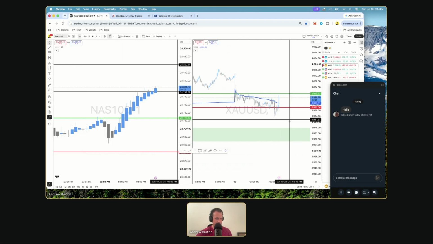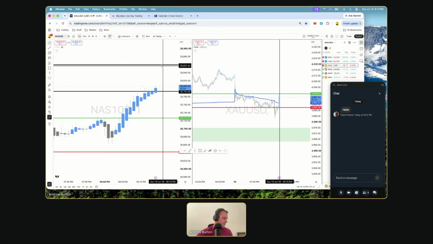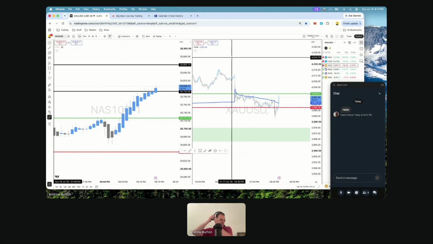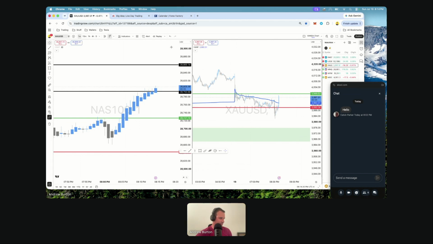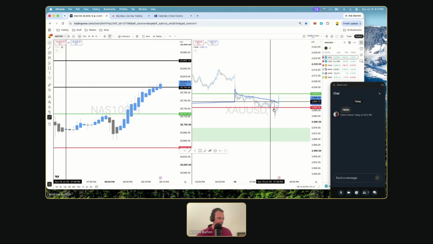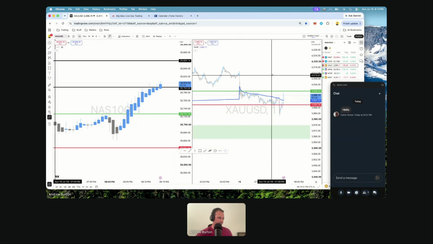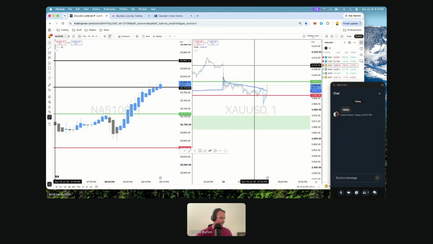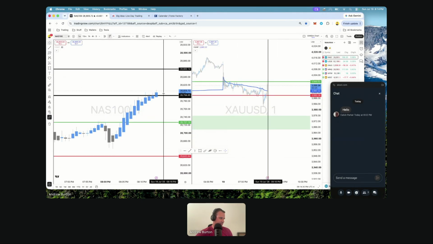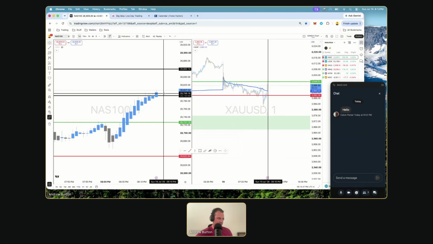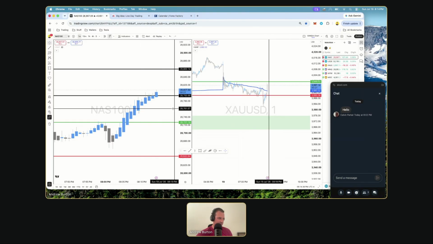My bias is gold's going to be going down, right? Like that's kind of what I'm thinking. So I really kind of don't want to have a long trade in gold. I'd rather trade short in it. You can see overall it's trending down, right? Overall here. Okay. So this here could be our next trade setup. It's high risk.